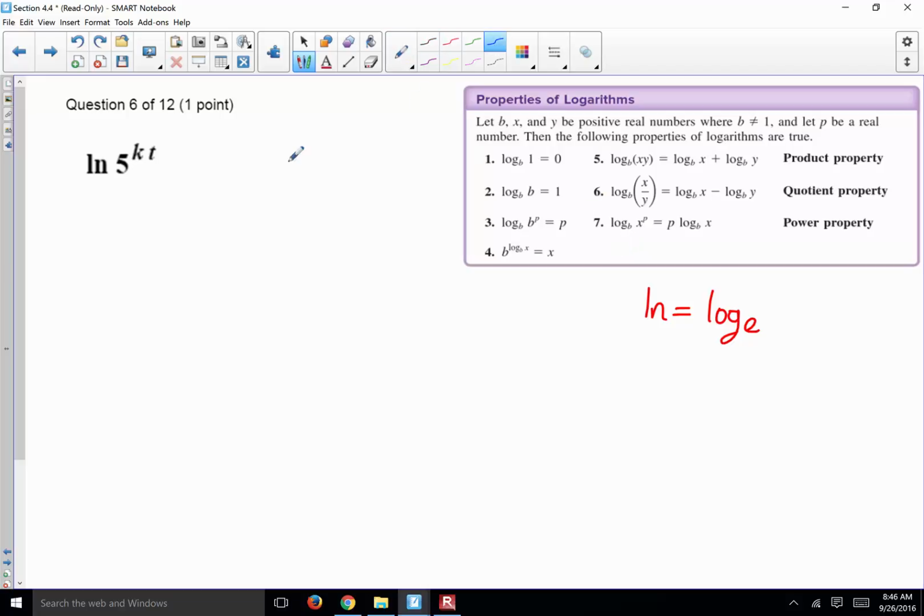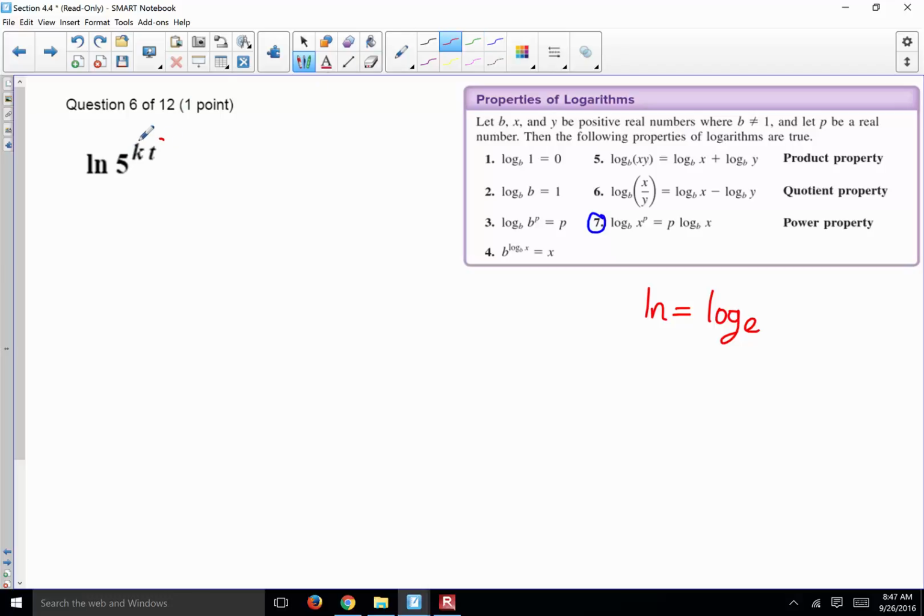What rule are we going to use here? Logarithm base e of 5 raised to the kt. It's rule 7 again. I see a logarithm with an exponent inside.